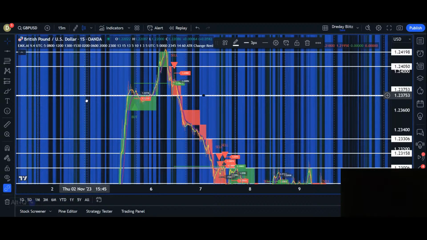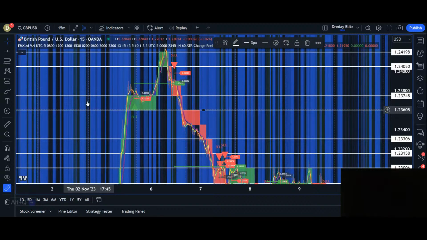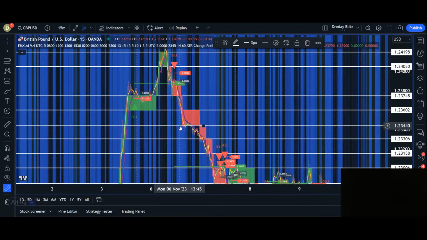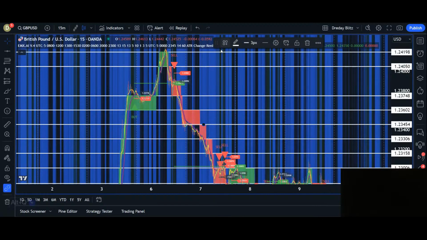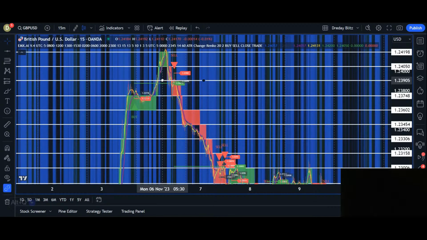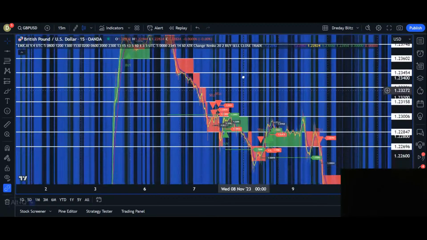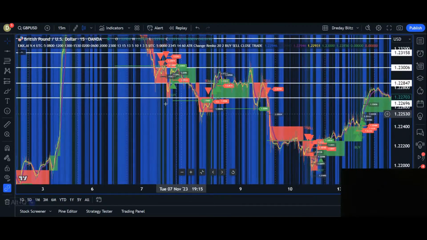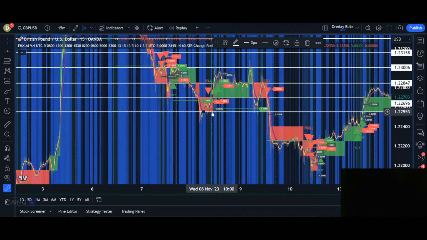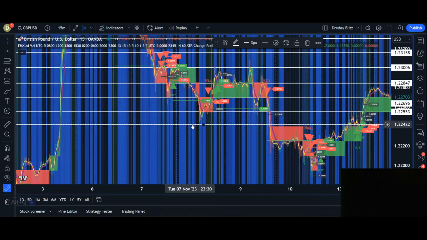See here. Another one right here, and another one right here. Okay. So next. You could do that for each Renko bar that you see that closes and opens, and you know that price will respect those zones in the future.